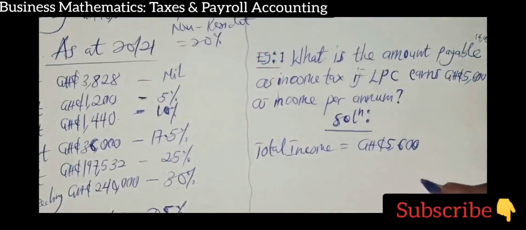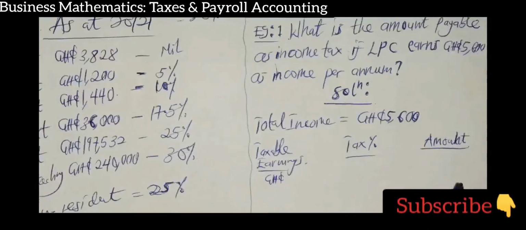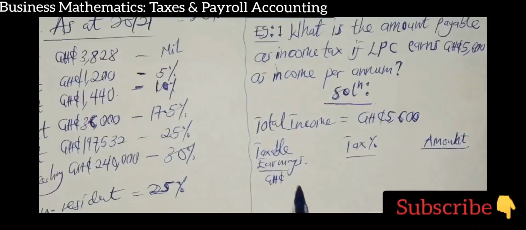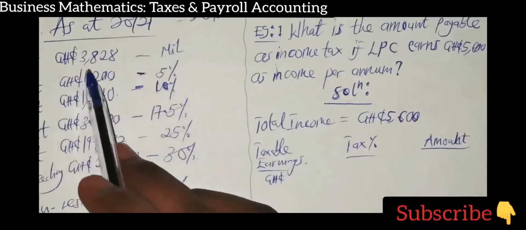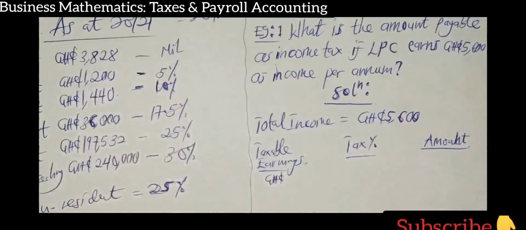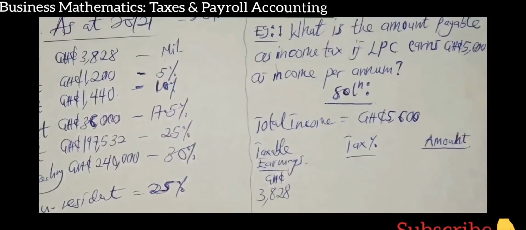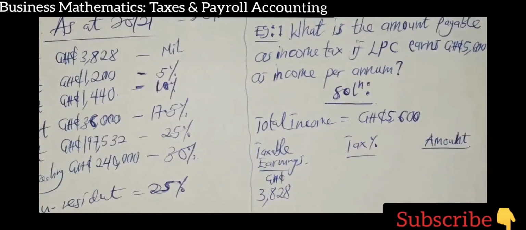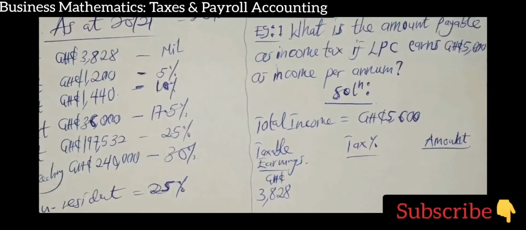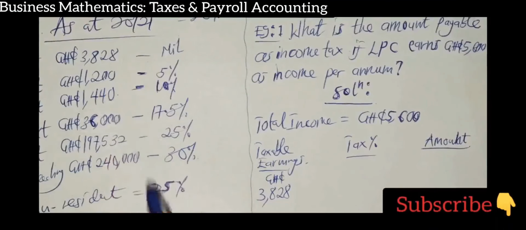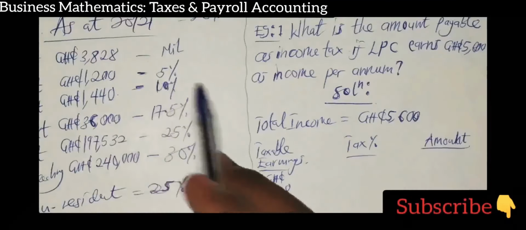So let me have a table here. This is the table I'm talking about. Here, what I will do is take the 3,828 from 5,600 and see what I'm left with. Do your side, I do mine. When I deducted, I had 1,772. This means I can rely on the next chargeable level so that I can apply the rate.